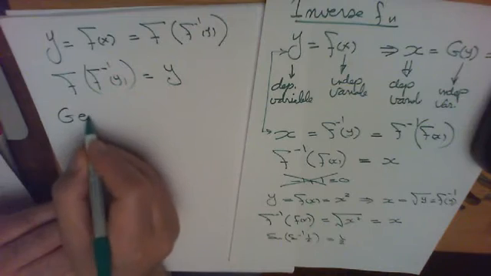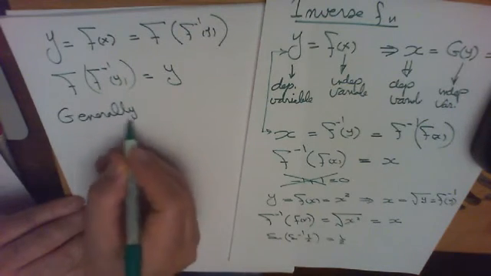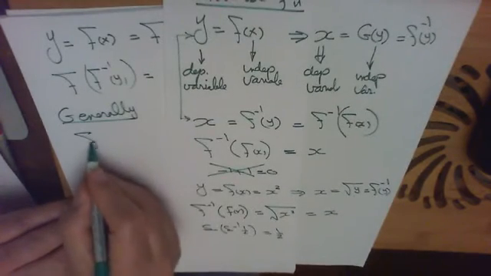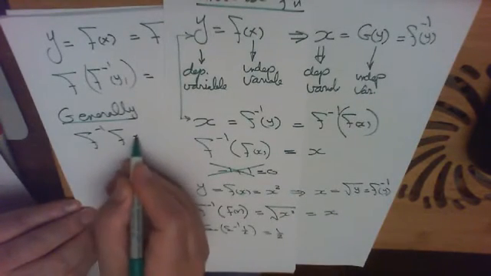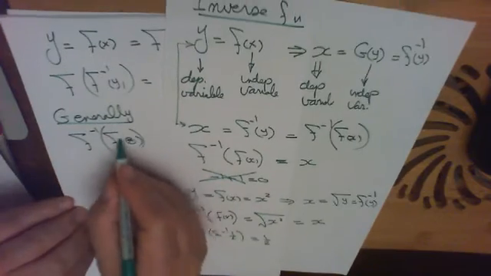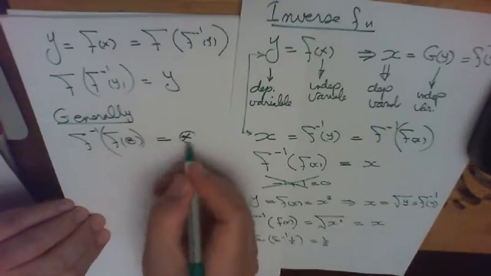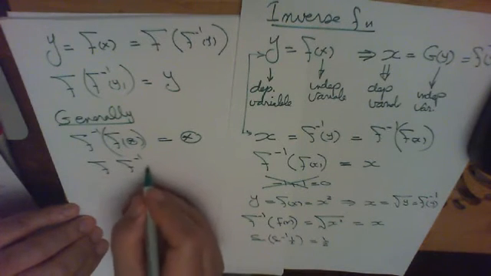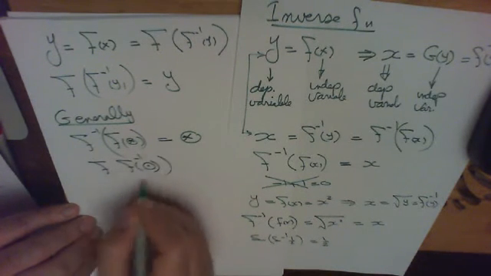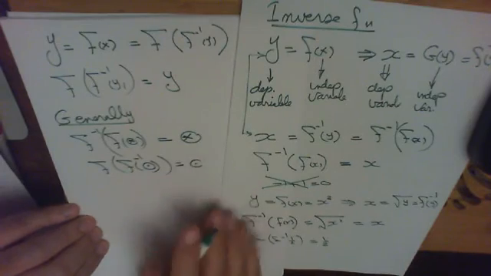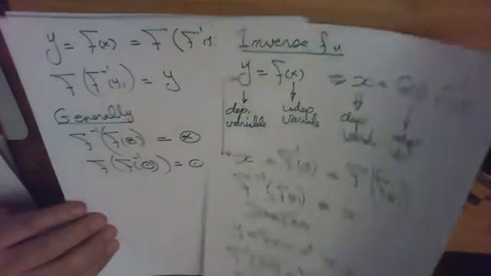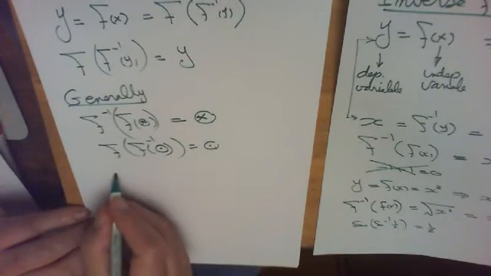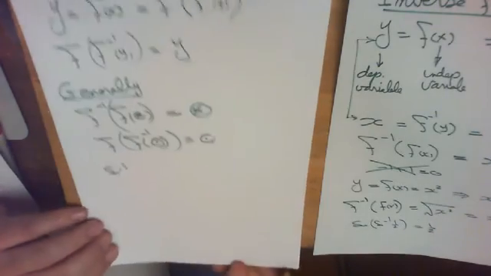So generally, f minus 1 of f of some variable equals that variable. Also f of f minus 1 of some variable equals that variable.